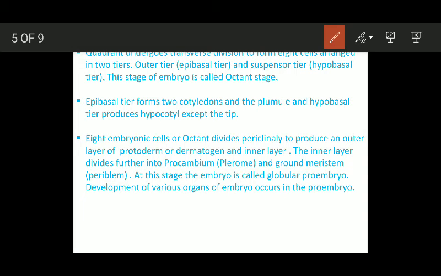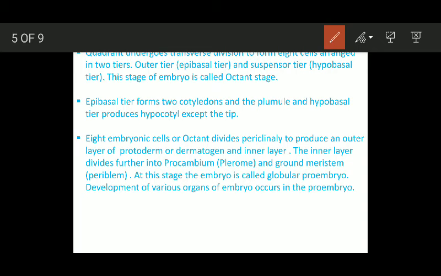Now you are having the 8-celled embryo, pro-embryo, sorry. Okay, you are having the 8-cell structure, which is known as octant. Now the 8 embryonic cells or the octant, it divides periclinally to produce an outer layer of protoderm or dermatogen and an inner layer.